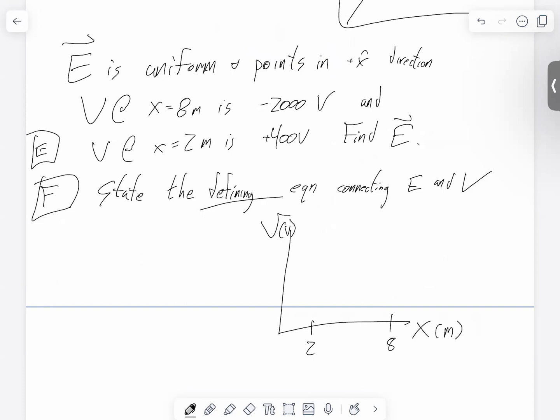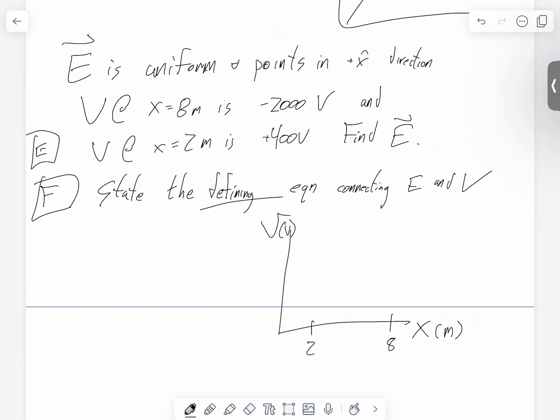Would have been okay. Is that enough? 400 and what? No, not coulombs. Field newtons per coulomb. Coulombs is charge.